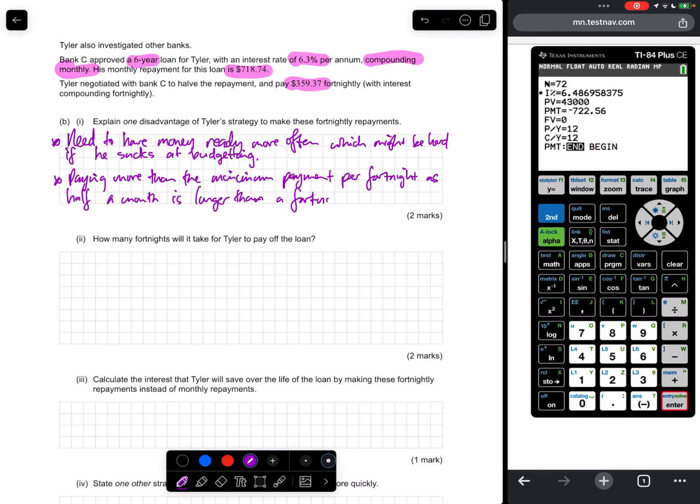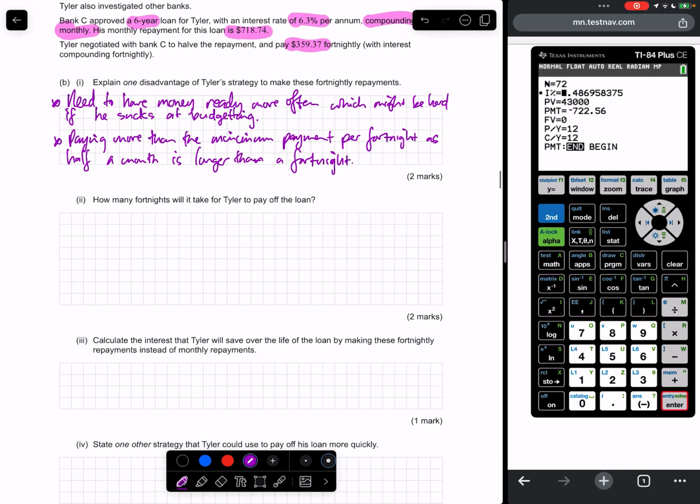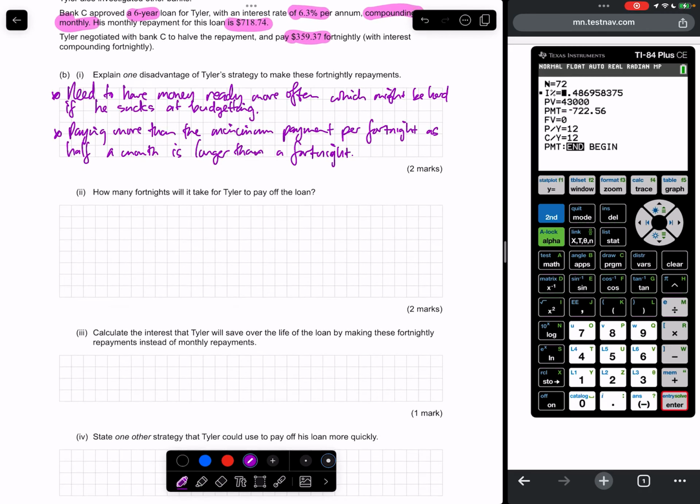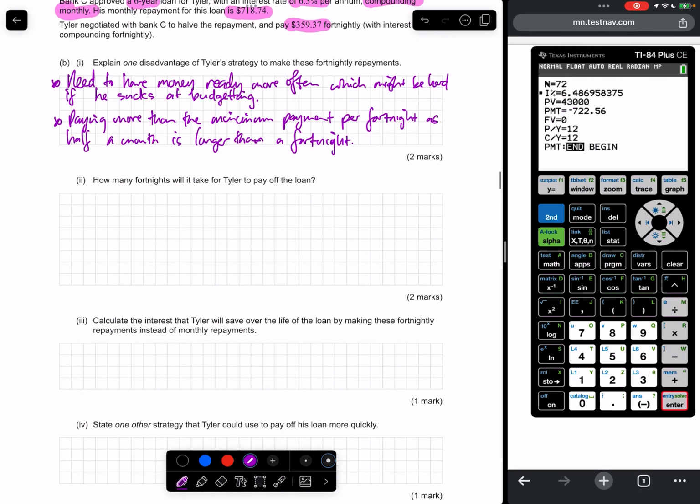That's another possible thing you could say. They don't tell you what they're after. These are just legitimate ones that you might be able to mention. It's worth 2 marks, but they only ask for one thing, okay?